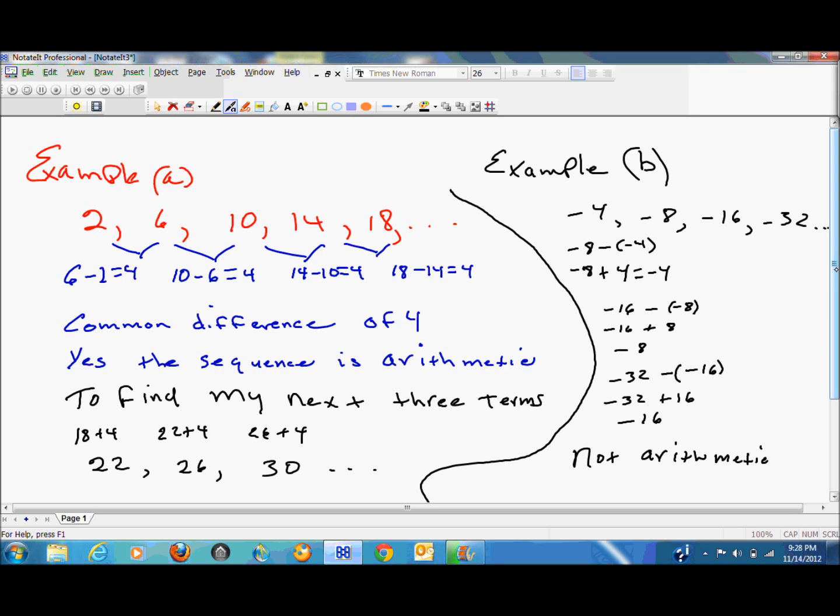I mean, we looked at two different examples and we found out that one is arithmetic because we have a common difference and one is not. And you'll see both. So I have one more example that I want to take a look at, and that's how we describe an actual sequence. And then we'll put you to work.